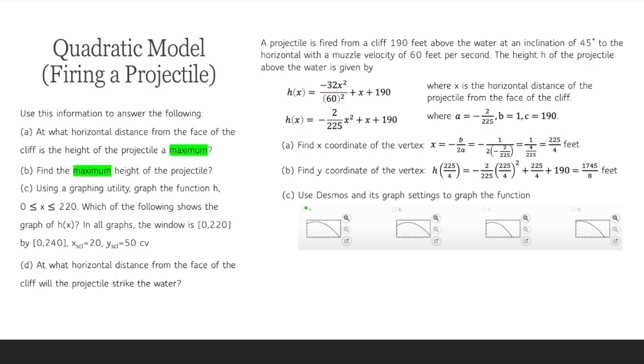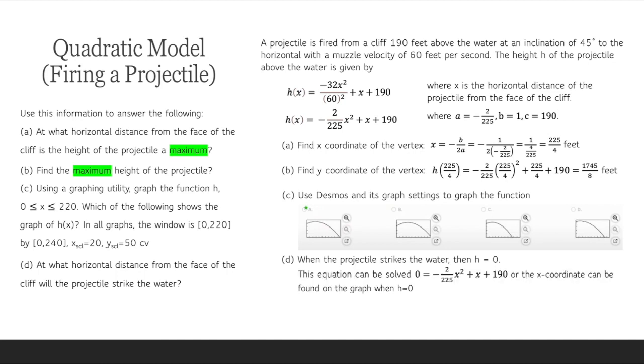This is what they want to know. When the projectile strikes the water, then h is equal to 0. So I can do it two ways. I can set h to 0 and solve this equation using the quadratic formula, or find the x-coordinate on the graph when h equals 0.